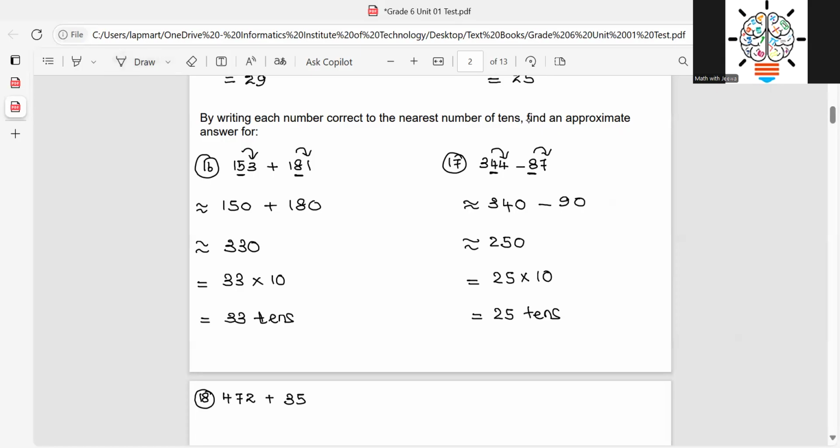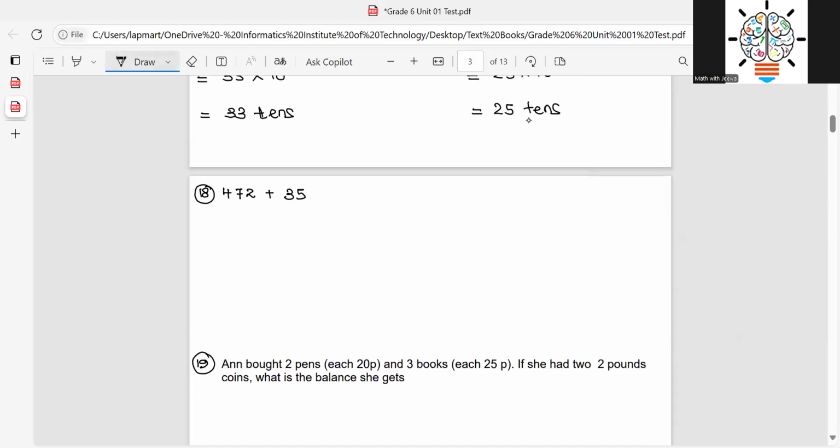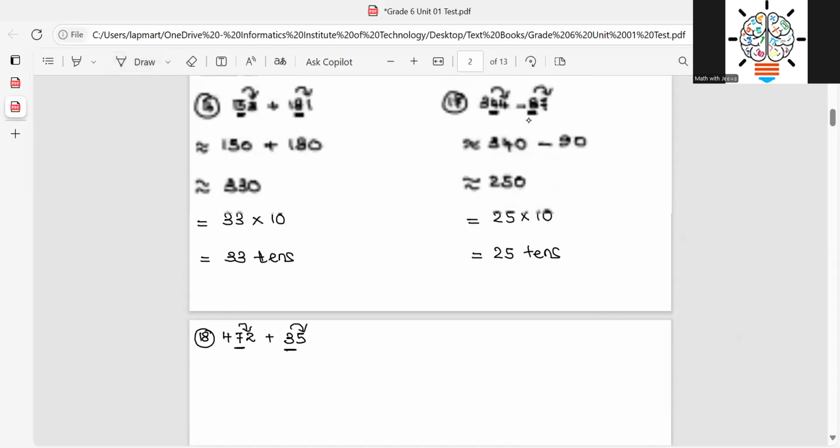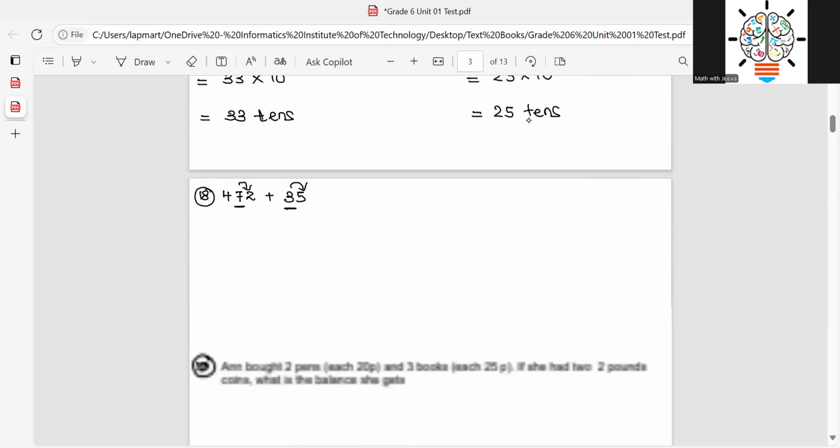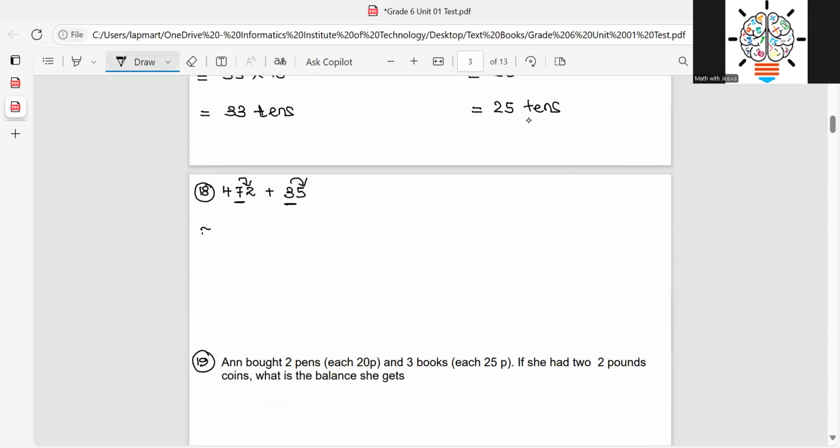Right. Then the next one, you mark the tens place like this. Look at the next number, right? I want to double check whether I did it correctly. 150, 180, 340, 90, correct. And this one, that is 470 plus 40, right? What will be the answer? 470 plus 40, it is 510.